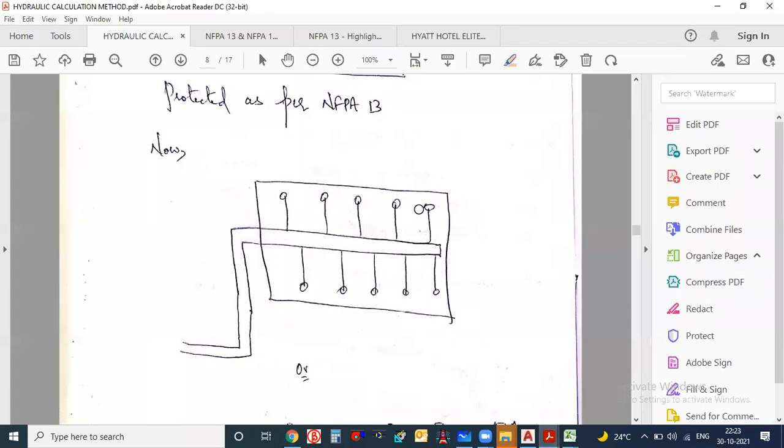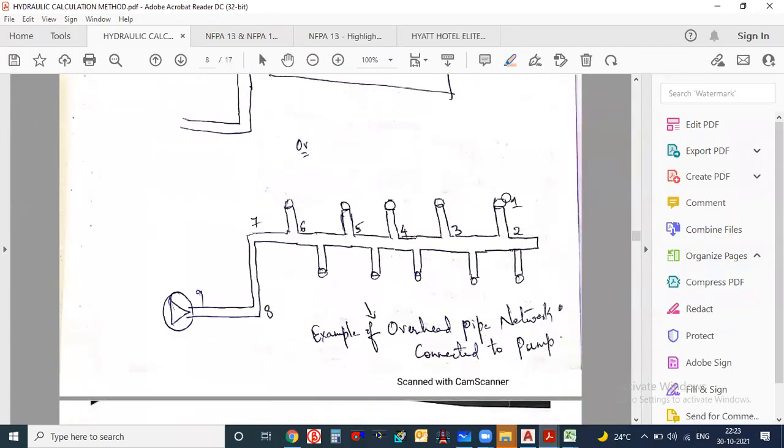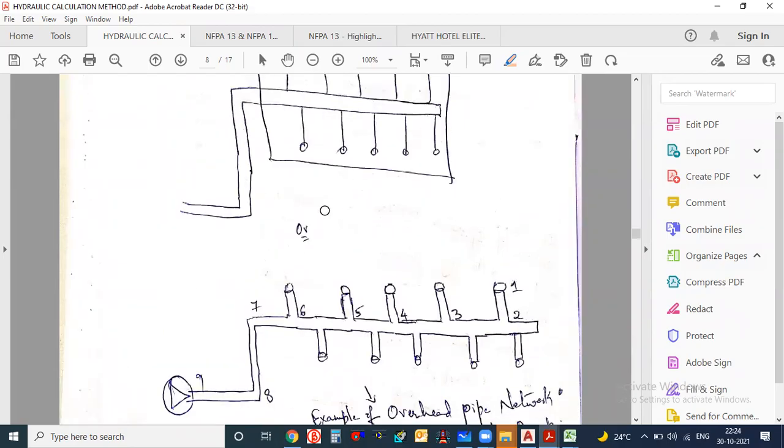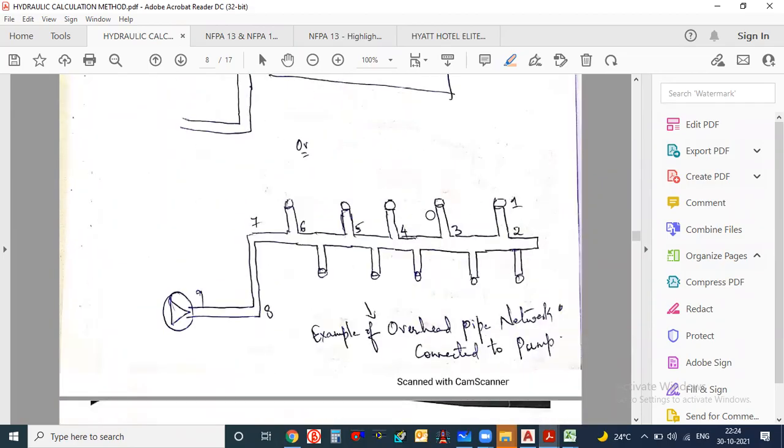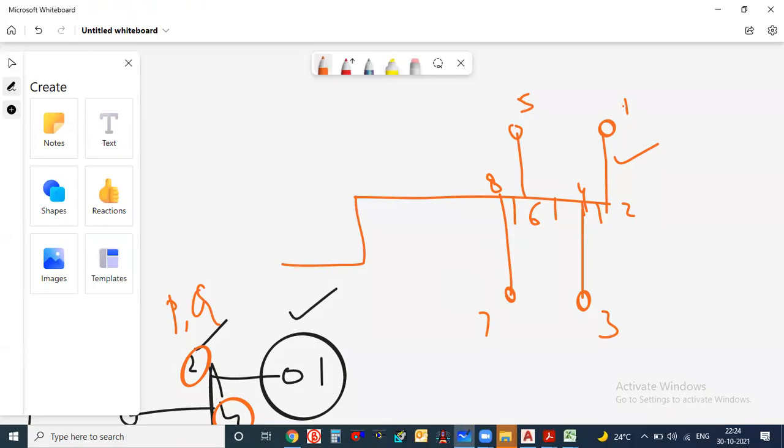Like that I have created here, and I have written 1, 2, 3, 4, 5, 6, 7, 8, 9. See here, I have not added all the sprinklers, just to minimize the calculations. But when we are doing the hydraulic calculation, you have to write at each and every point whatever sprinklers you want to add.